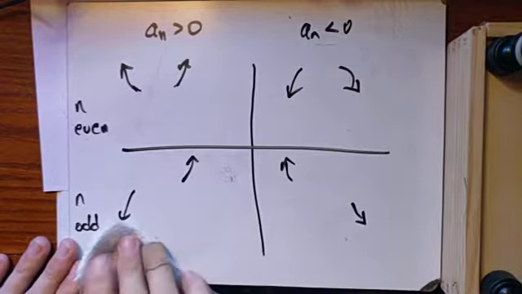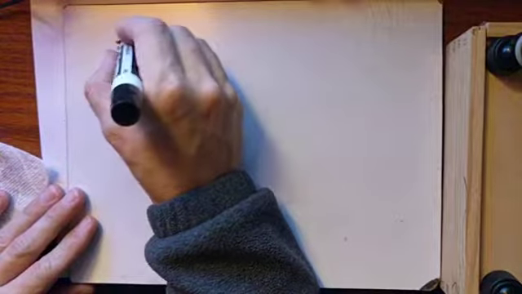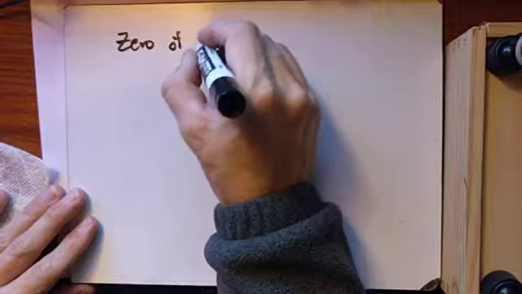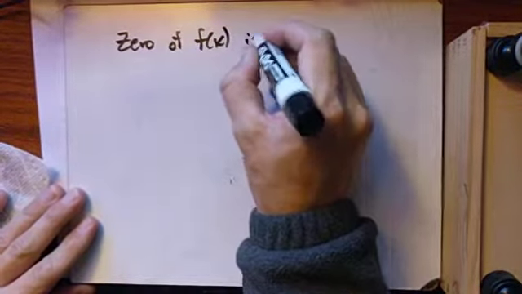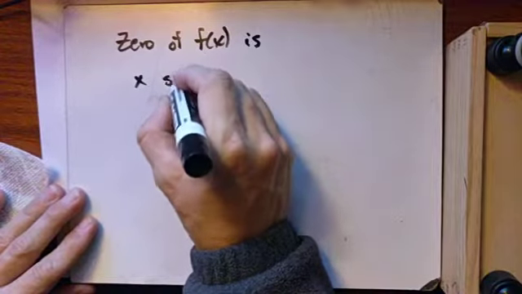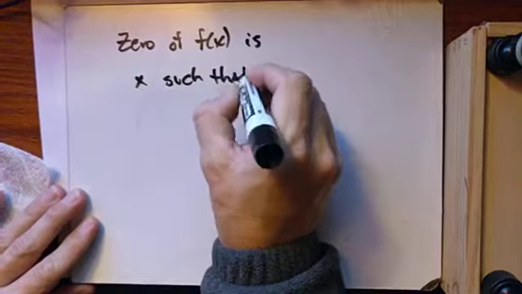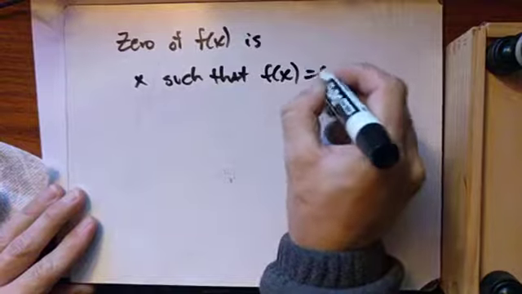Okay, and then the very last thing is, what is a zero? We've made a mention of zeros, right? So a zero of a function is x such that f of x equals 0.